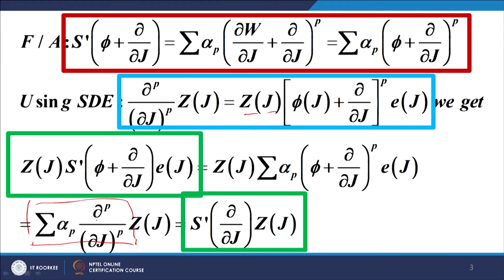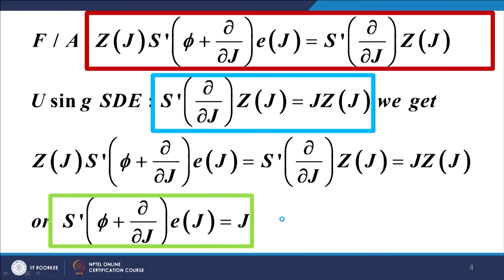And this expression, if you compare with the definition of S dash as a power series, is nothing but S dash d by dj of Zj. So, combining all the things together, what do I get? I get Zj S dash phi d by dj into Ej is equal to S dash d by dj into Zj.